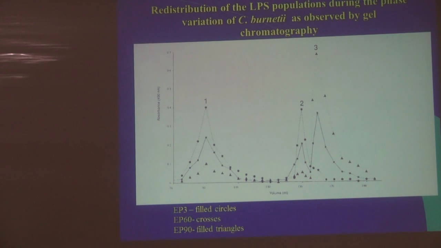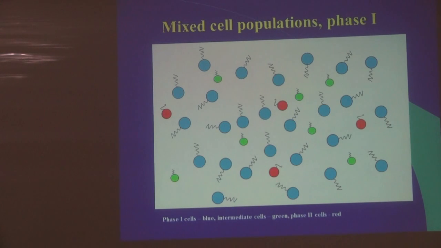But when we continued growing the cells and this phase variation proceeded, we saw a dramatic shift in the redistribution of the LPS cell population. We had very little of this phase 1 LPS, and there was a huge peak for LPS 2. And then we came to the theory that we actually have all this when we have virulent phase 1 cells at the beginning.